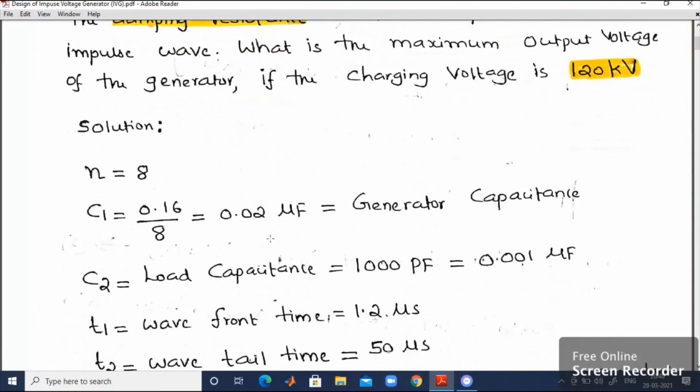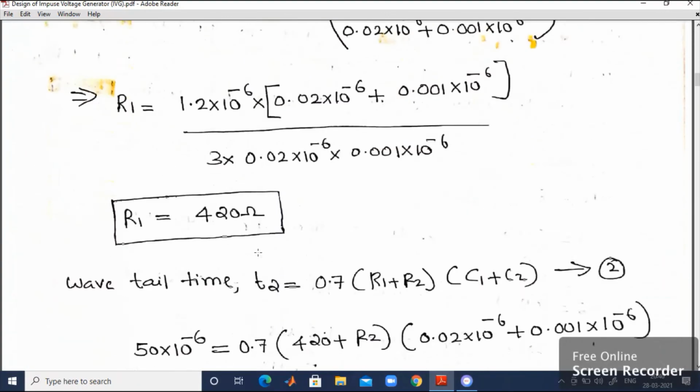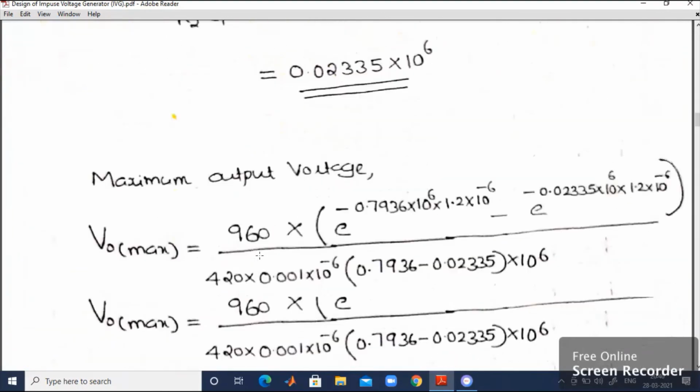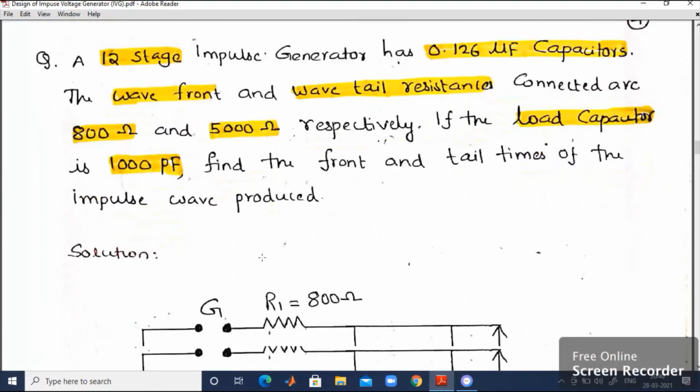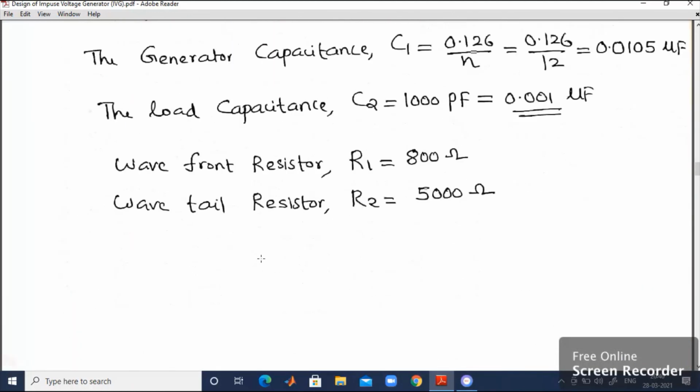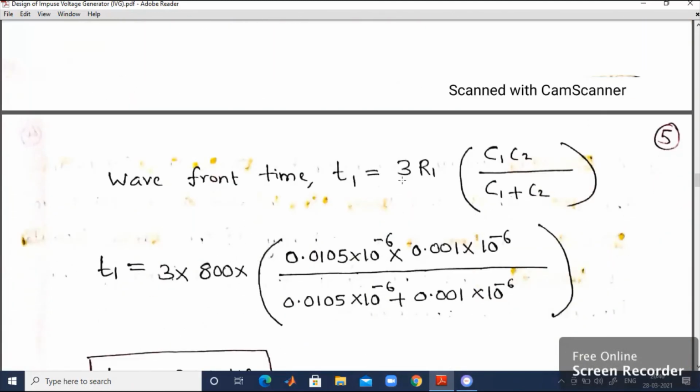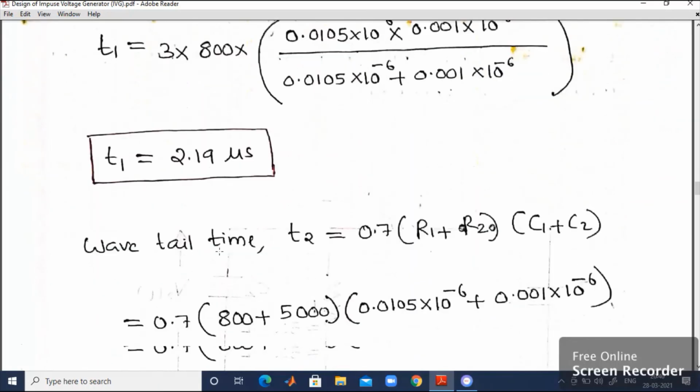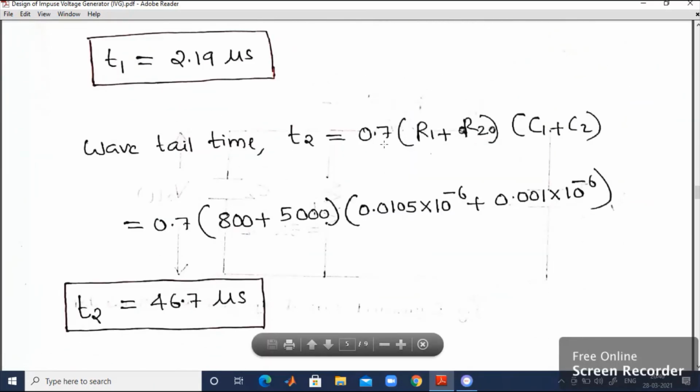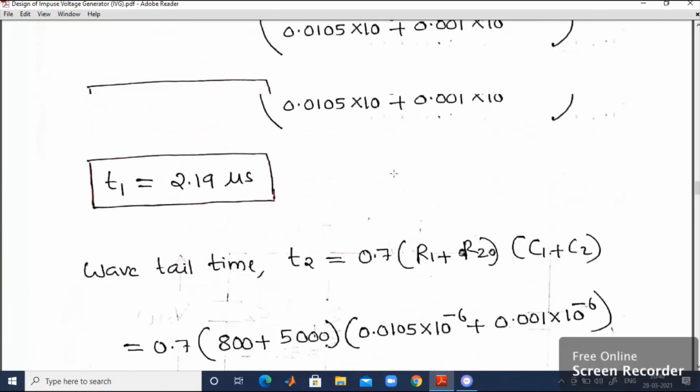That procedure I have explained. Later on, in the second design procedure, I explained how to calculate wavefront and wavetail time. The expression I have already given: T1 is equal to 3R1 into C1 C2 by C1 plus C2. Likewise T2 is another expression, 0.7 into R1 plus R2 into C1 plus C2.